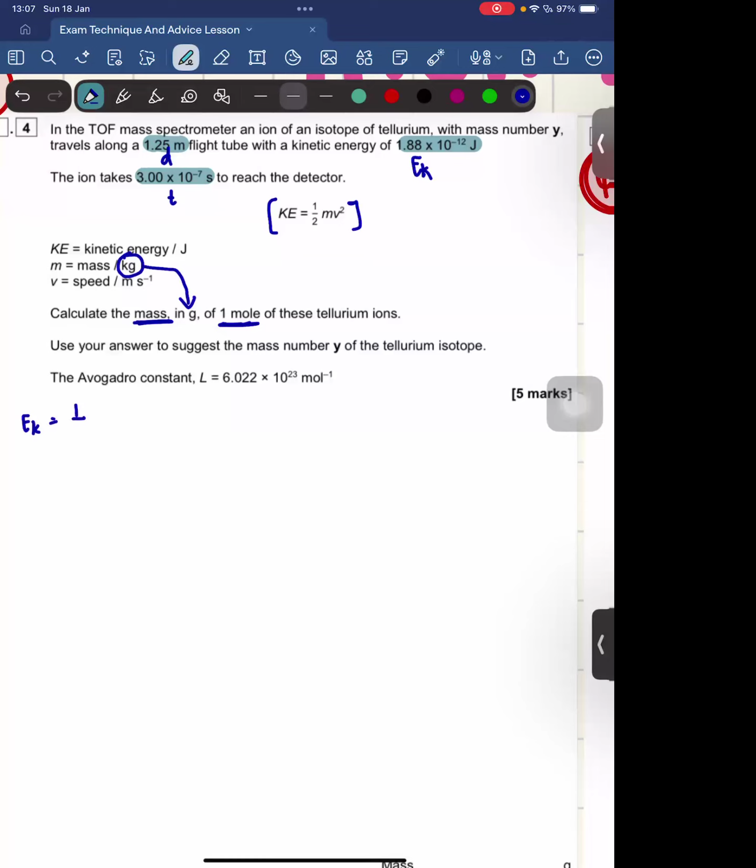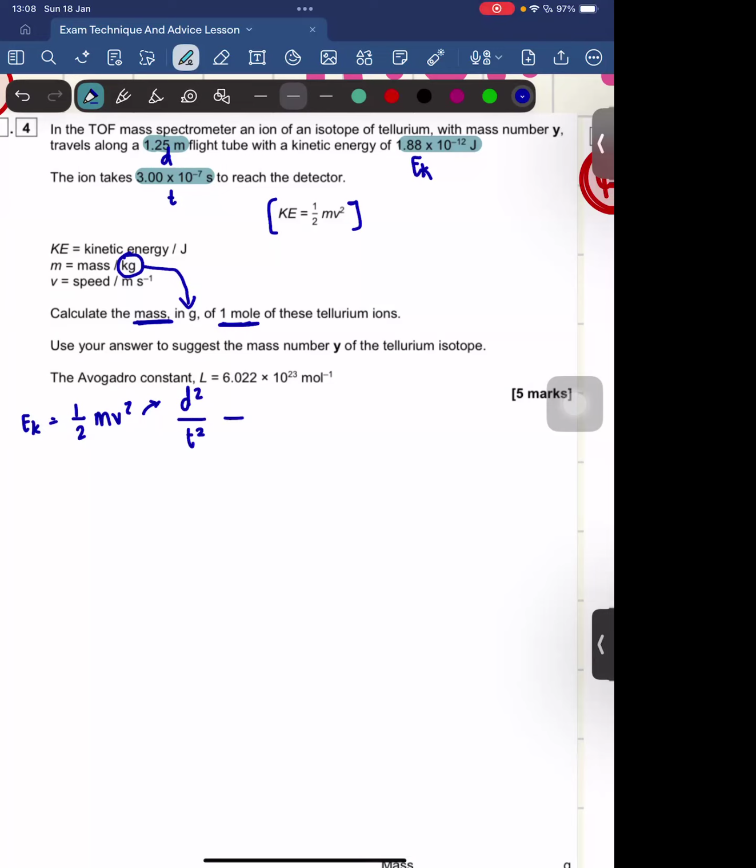EK equals half mv squared. Now, the v squared is essentially the same as distance over time squared, right? So if you are not directly given a velocity, if you're just given a distance and time, you can just use this little equation and substitute that as your v squared. That's exactly what we can do, because we've been given our distance and time.